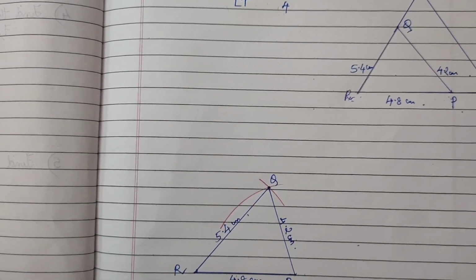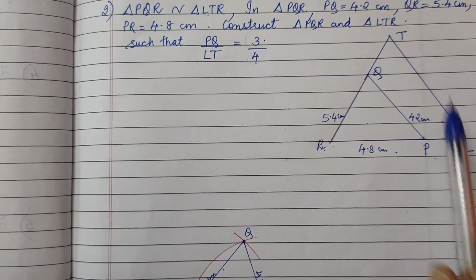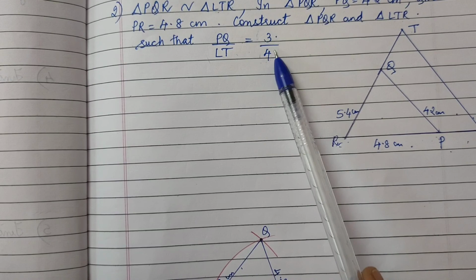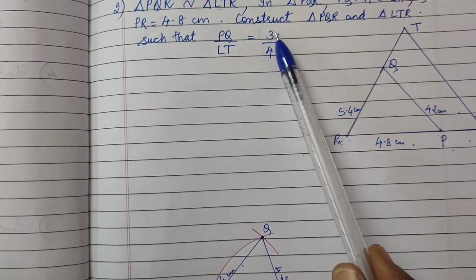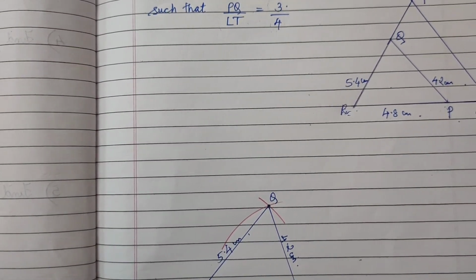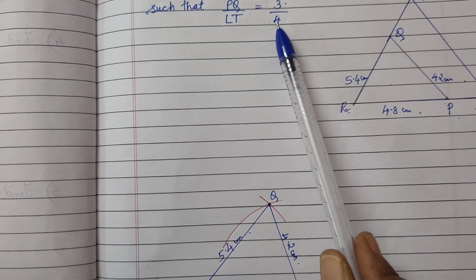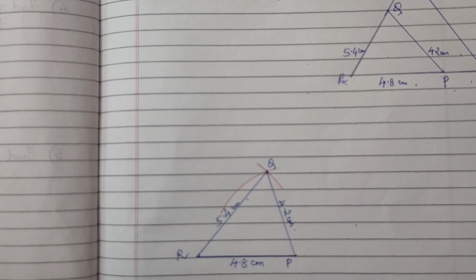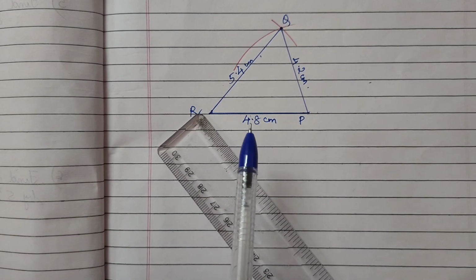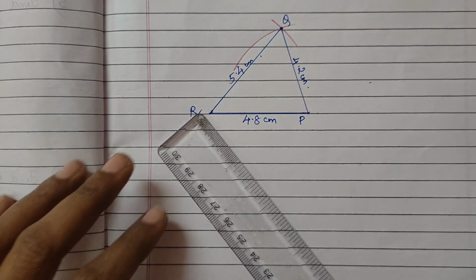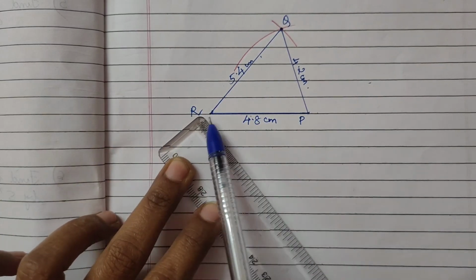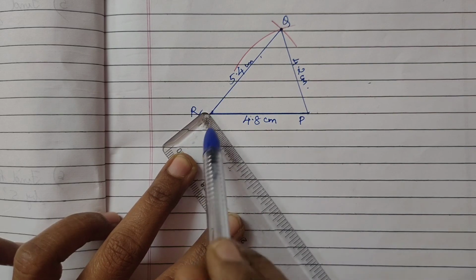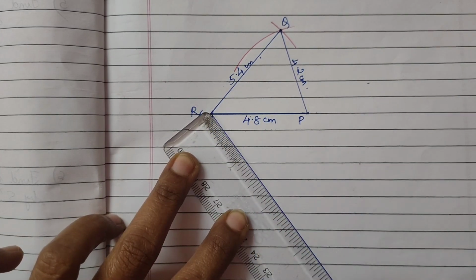Now further we need to do for the LTR. So what I need to do is, you can see how much the ratio is here. The ratio is 3:4. Before that we need to make an angle here. I am making an angle from the common vertex. It could be any angle.